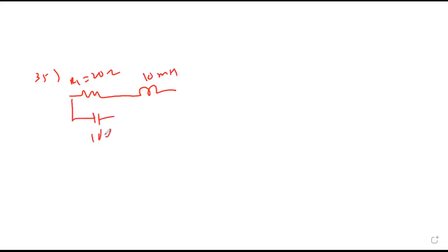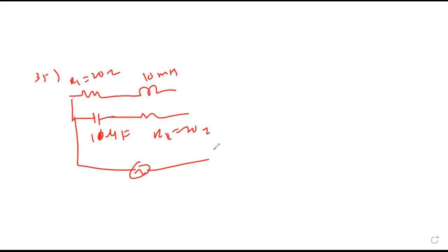In the circuit shown in the figure, power dissipated at very high frequency will be mostly in R2 or in R1 or both, or 0. This is a resistance of 20 ohm, 10 millihenry, 1 microfarad, R2 20 ohm, connected across an alternating source.